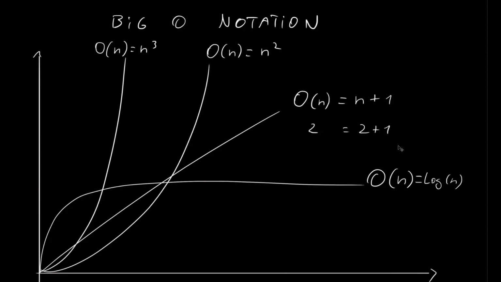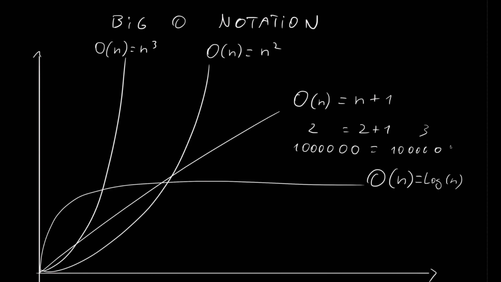Because it will be 3. And if your n is 10, then this will be 11. So here there's a big increase. This one is very relevant. Here it's less relevant. And it's even less relevant when you have 1 million or something.